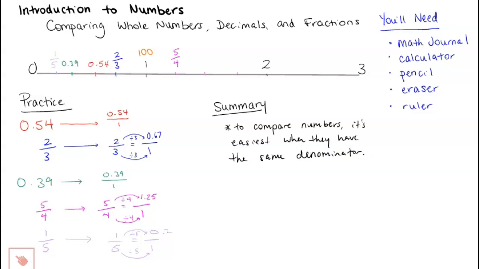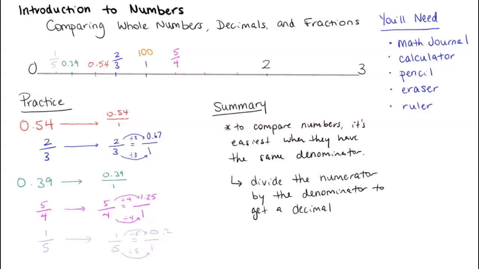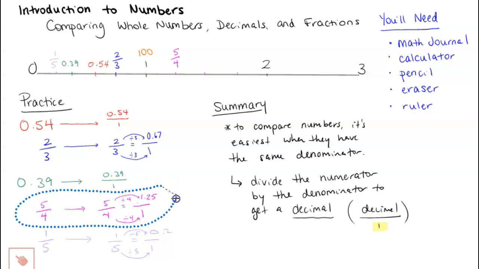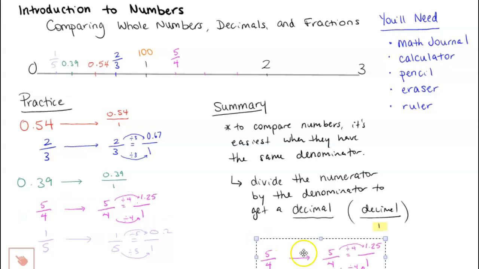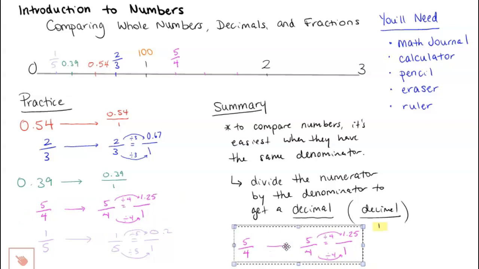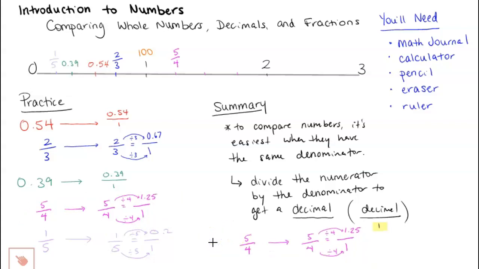So how do we do that? So you're going to divide the numerator by the denominator to get a decimal. So it'll be the decimal over 1. So we're always thinking about our denominator of 1. And in your summary note, you should probably include an example. I'm going to pick this one here. For example, 5 quarters is equal to 1.25 over 1.